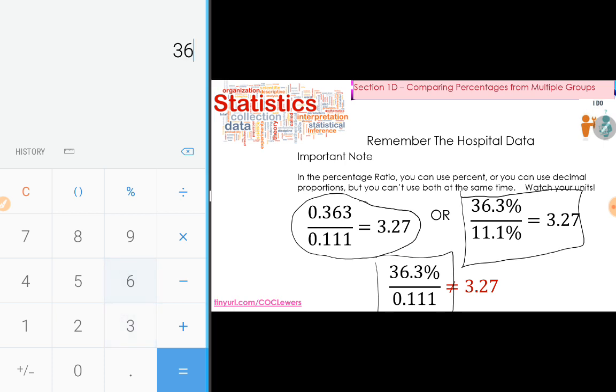If I do 36.4% divided by the decimal proportion, 0.111, I would get 327, telling me that it's 327 times more likely that the older group would get into the ER, and that number is not correct. It's not 3.27, it's 327, so it can really throw you off by a factor of 100.